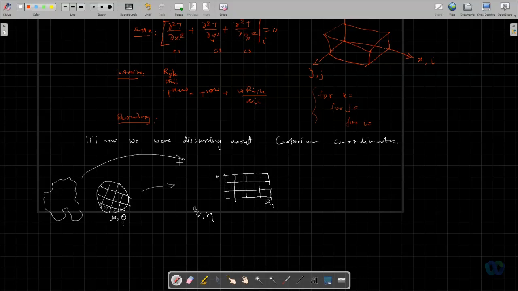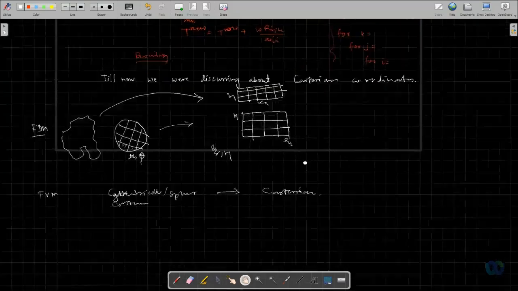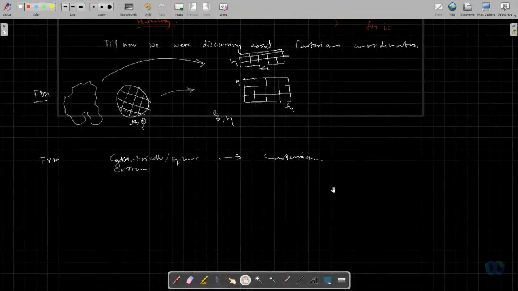In that category also, such problems will be converted into solvable problems with uniform gridding or non-uniform gridding with structured mesh. Okay. So that is also possible in the finite difference method. In the finite volume method, you need not do this; this is only for the finite difference method. So Cartesian or cylindrical or spherical, they remain Cartesian. Okay. So if you understand this difference, then there is no need to follow any other coordinate system.